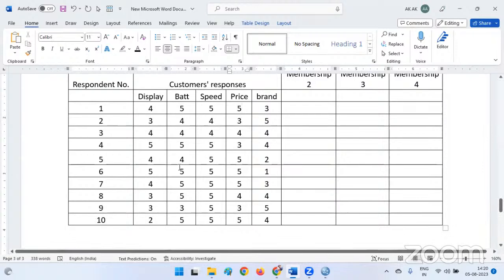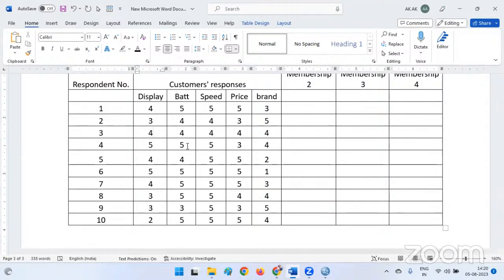Now, next, the second respondent: display, battery, speed, price, and brand. He is not price conscious. He says, I don't have any concern about price, but I want a good brand. The third person rates everything equally and wants everything moderately good, not excellent, but of good quality.